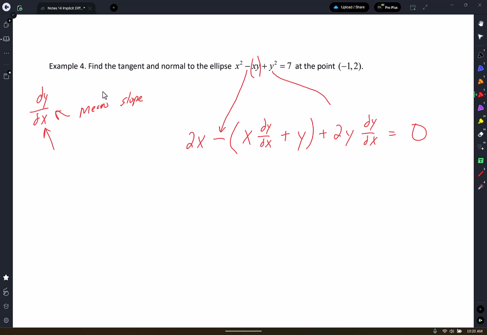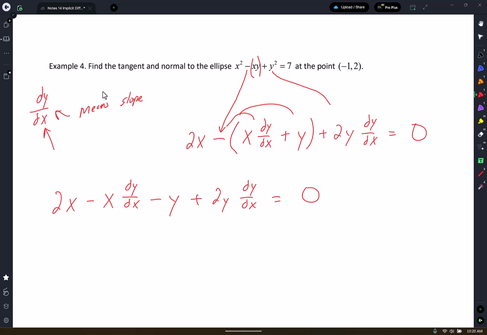So what am I going to do? Well, first I got to distribute here. So let's distribute. So here we go. 2x minus x dy/dx minus y plus 2y dy/dx equals 0. Yes, but there's nothing to combine. Are we still okay?